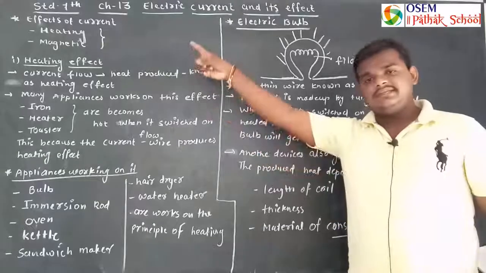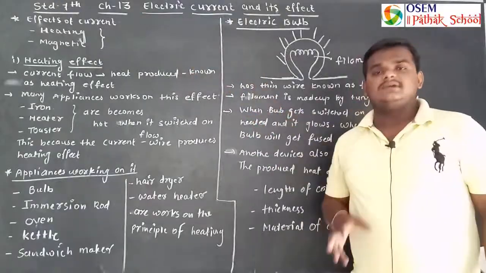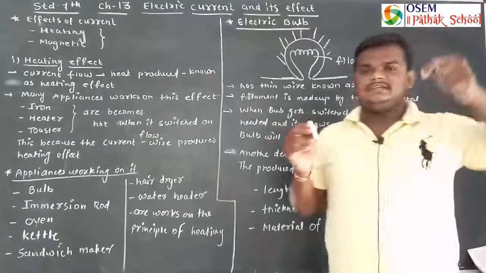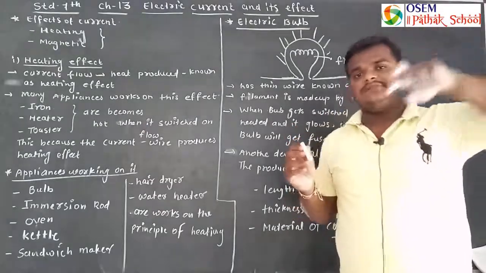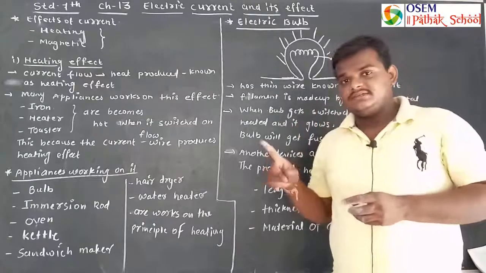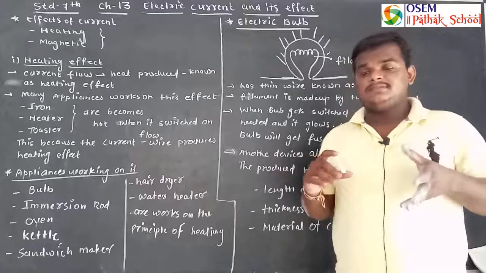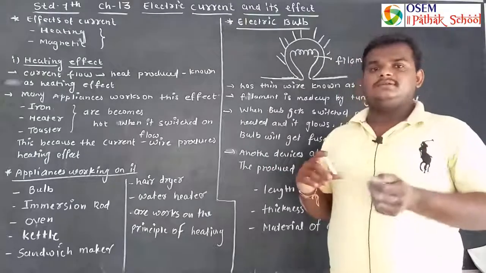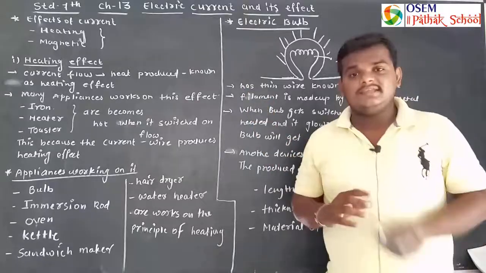This is due to the heating effect of an electric current. So जैसे किसी भी वायर में से अगर वहाँ पे इलेक्ट्रिसिटी पास होती है, two types of effects are generated there. Heating effect provides heat, it makes the object hotter, and another is magnetic effect.